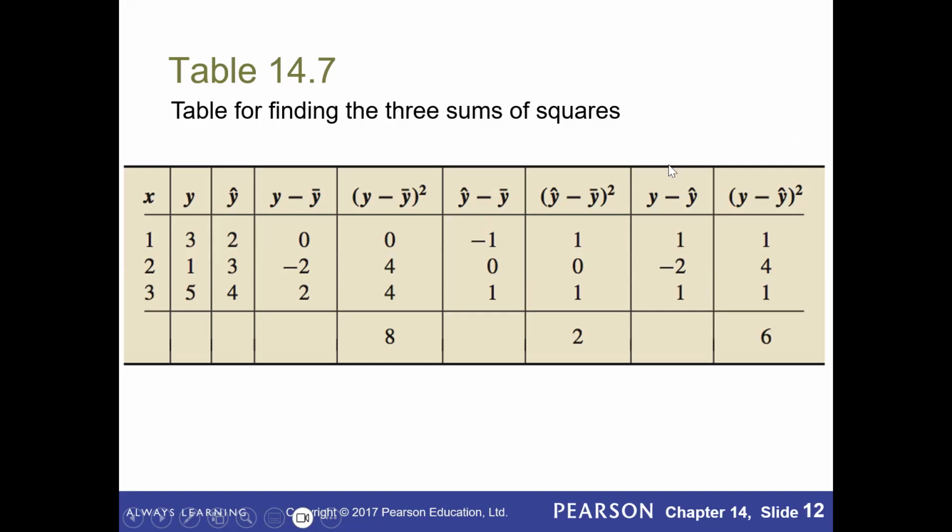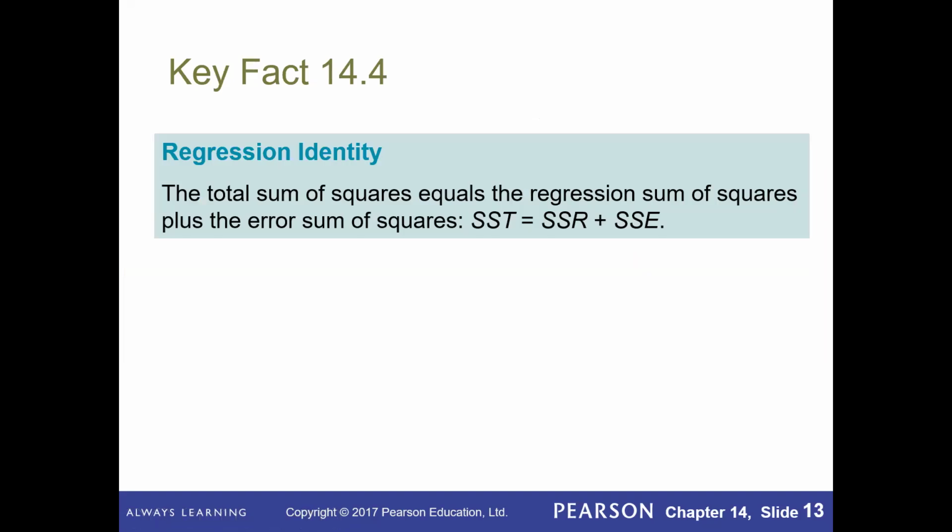Together we can use these values to calculate SSR and SST. There is a general regression identity which states that the total sum of squares equals the regression sum of squares SSR plus the error sum of squares SSE.